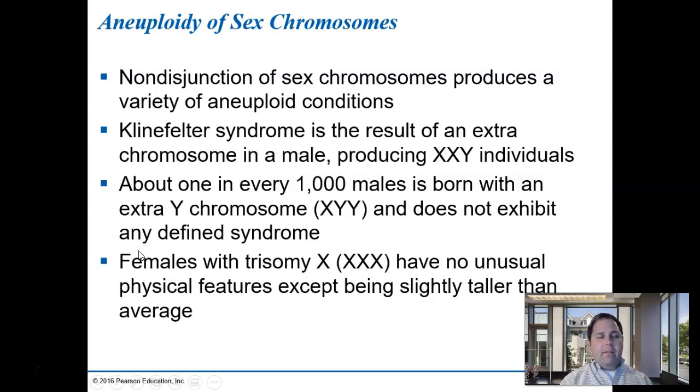You can have a female with a trisomy, actually 3 X's, XXX. They're slightly taller than average, but they don't really have unusual features. And a lot of these, we don't know what they do because there's not a good reason to track the entire population of who has these aneuploidies if that's not actually creating any sort of medical conditions.